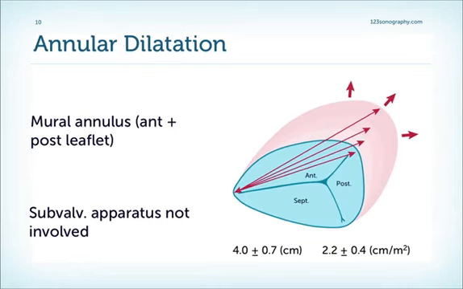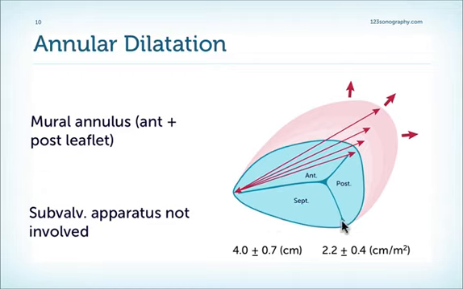Okay, so now we know that TR is bad. But why do patients get TR in the first place? Well, the most common cause is functional TR, which means that the valve is structurally normal. The problem is that we have an increase in the size of the tricuspid annulus related to dilatation of the right ventricle.